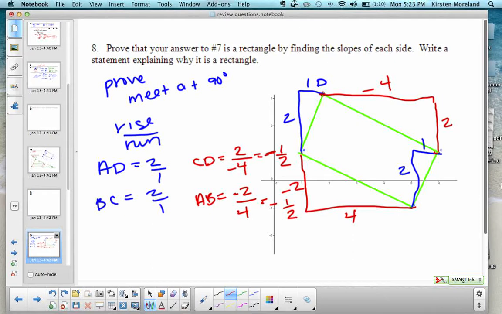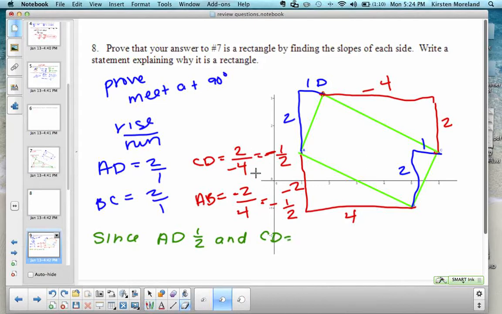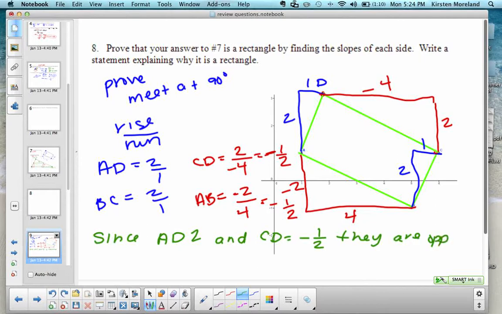Now what you should write for your final statement, something along the lines of, since AD is 2 and CD is negative 1/2, they are opposite reciprocals, so they are perpendicular.